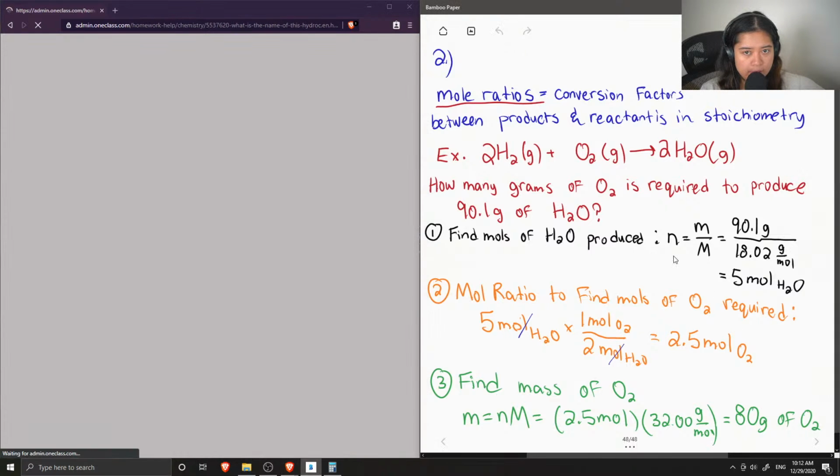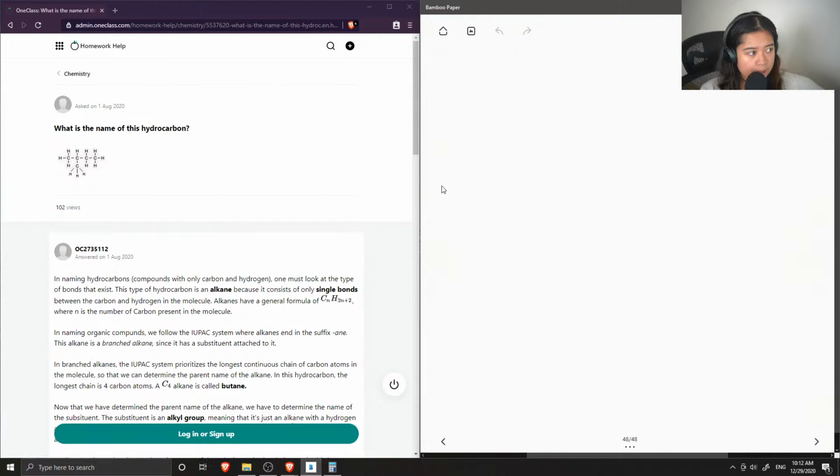Okay, so on to question number 3. What is the name of this hydrocarbon? Okay, so let's draw it out.